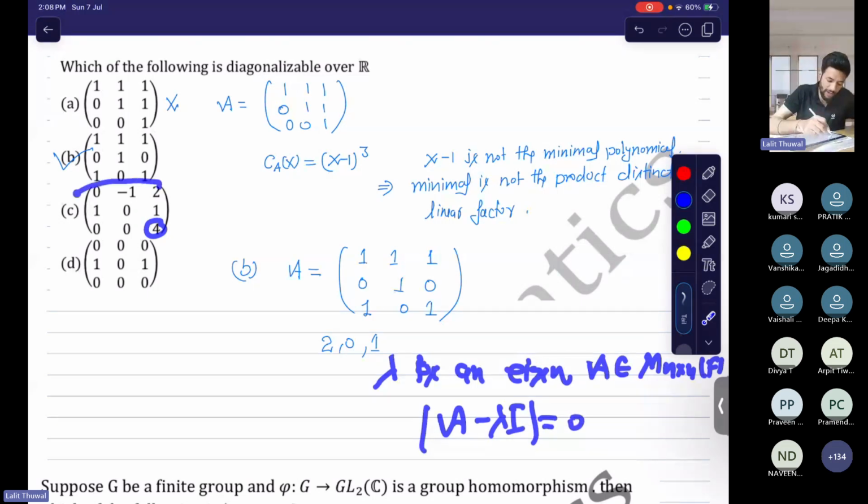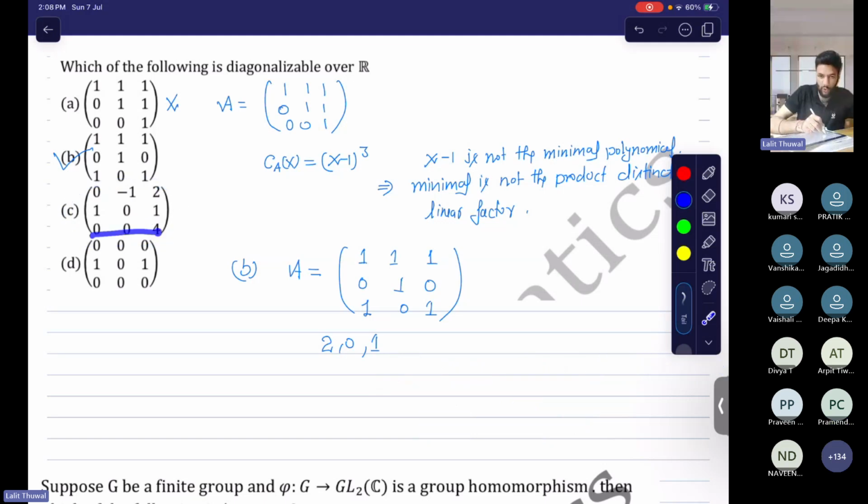So here, if you subtract 4 from the diagonals, the last row becomes 0. Someone unmuted. So the last row becomes 0. It means 4 is an eigenvalue, right? 4 is an eigenvalue. Okay, see.